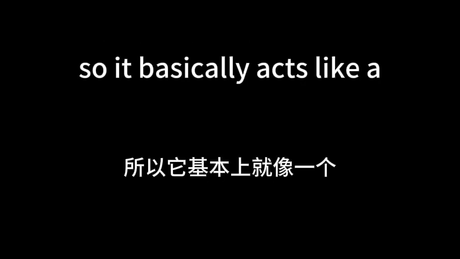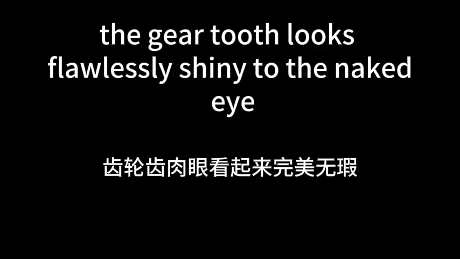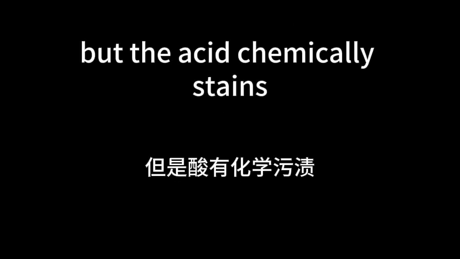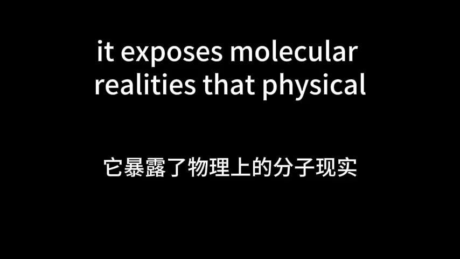So it basically acts like a polygraph test for the metal, or actually it's like using a blacklight at a crime scene. The gear tooth looks flawlessly shiny to the naked eye, but the acid chemically stains the damaged molecules dark, exposing a hidden burn scar. That is a perfect visualization. It exposes metallurgical realities that physical geometry checks just fundamentally cannot see.